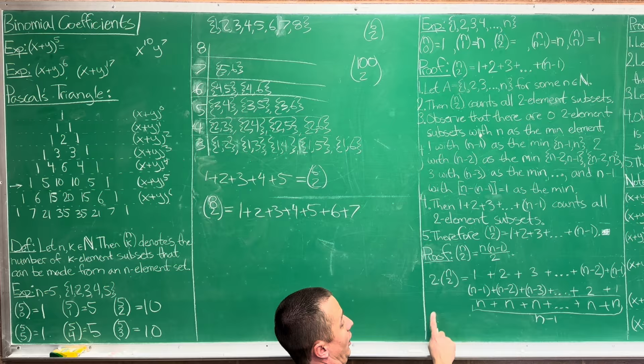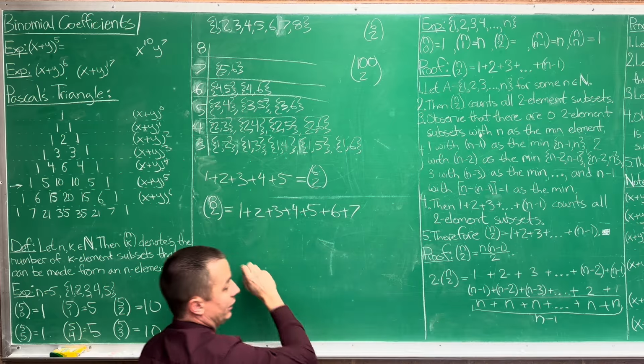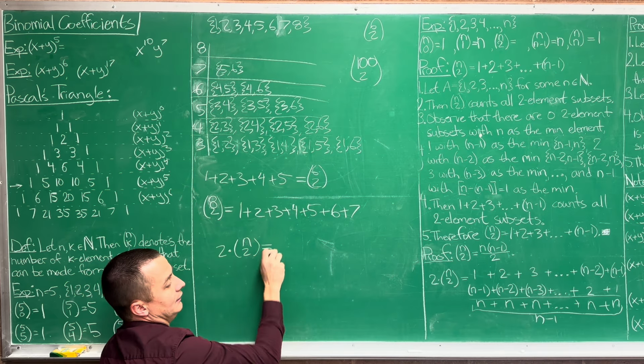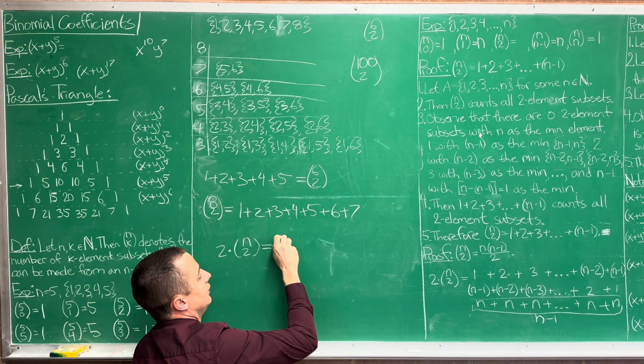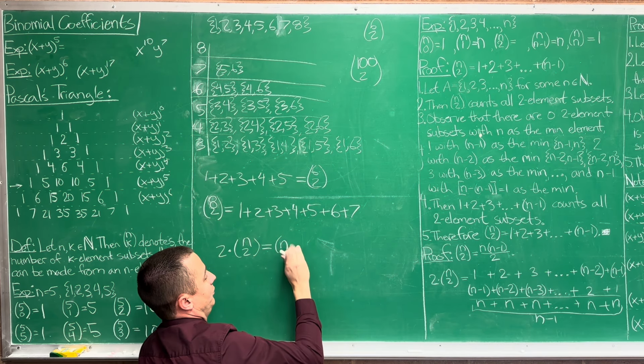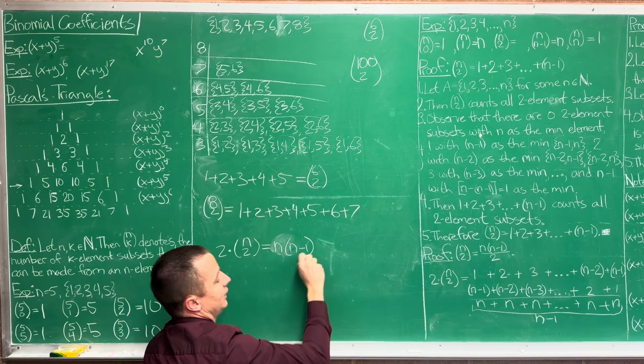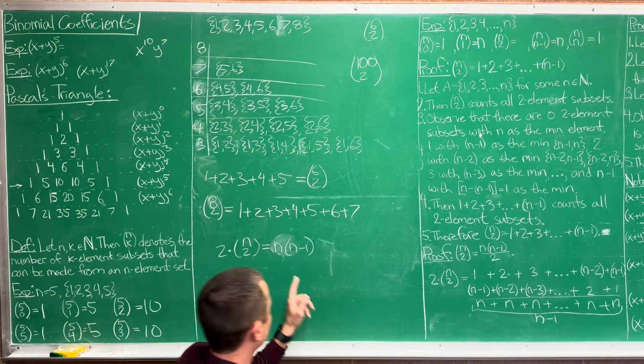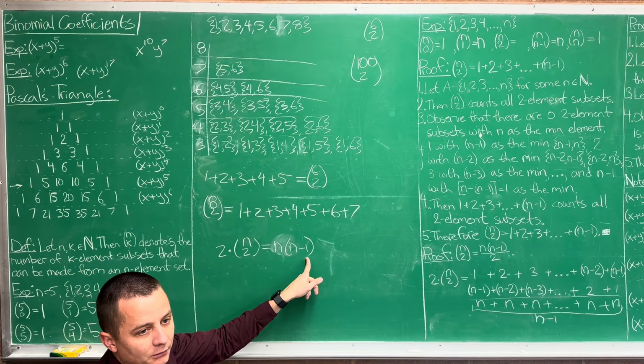Okay. So I get that 2 times n choose 2 is equal to n, how many times did we have n? We had it n minus 1 times. N plus n plus n plus n plus n, n minus 1 times is the same thing as n minus 1 times n.